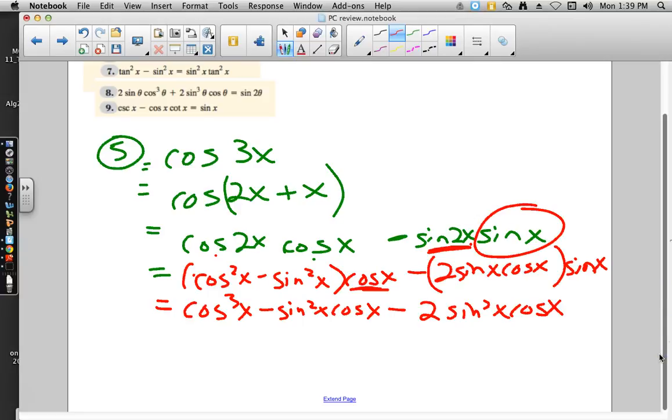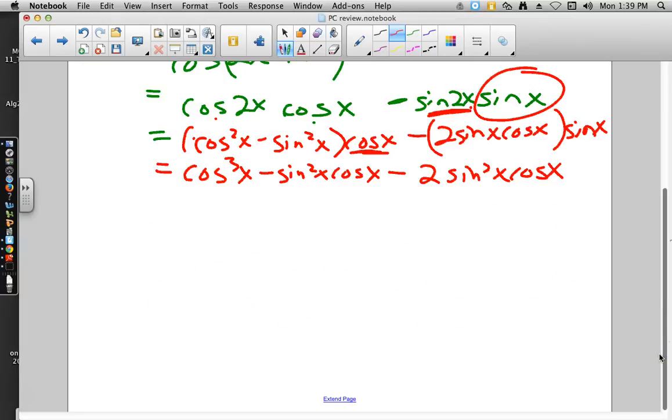Now, like I said before, we notice, wait a minute, something pretty good just happened here. This will give us cosine cubed x, but if we have minus sine squared x cosine x, and we're going to subtract 2 more sine squared x cosine x, now I have minus 3 sine squared x cosine x.